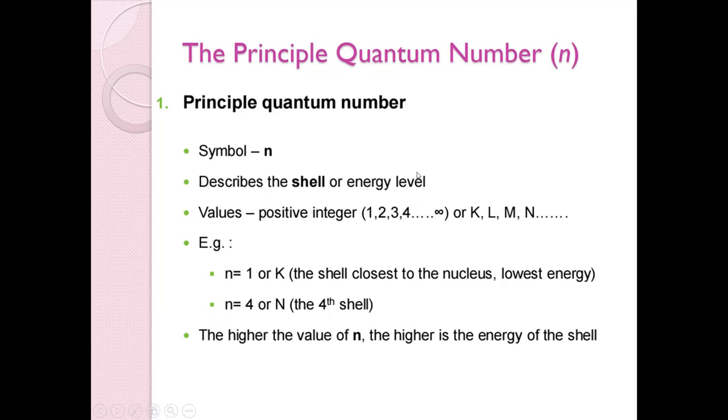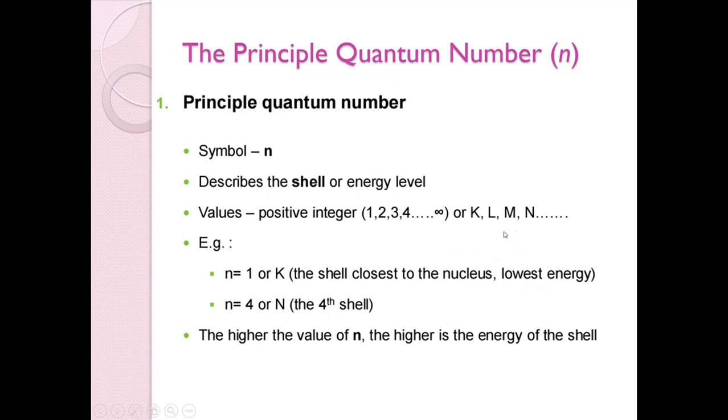And for the principal quantum number, the symbol is N, and it describes the shell or energy level. The value should be 1, 2, 3, 4, up to infinity. And it starts from the letters K, L, M, and N. So if the shell is equal to 1, or we call it K, the shell is closest to the nucleus, with the lowest energy.